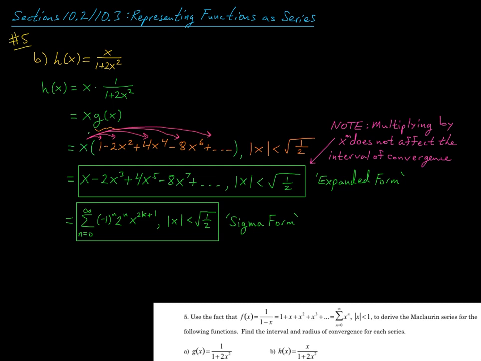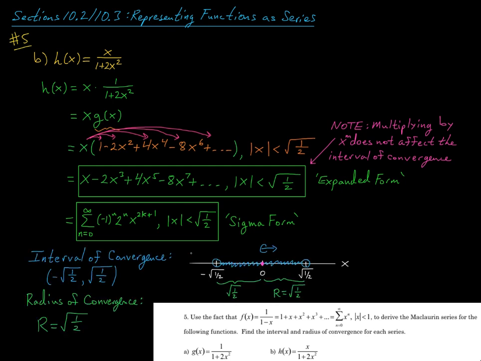And since for h of x we're just multiplying the series for g by x, this is just going to bump up that exponent to 2k plus 1. And so there we have the sigma form, and then since multiplying by x does not affect the interval of convergence, all of this is the same as it was for g of x.